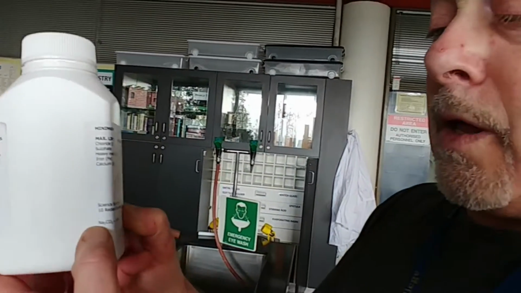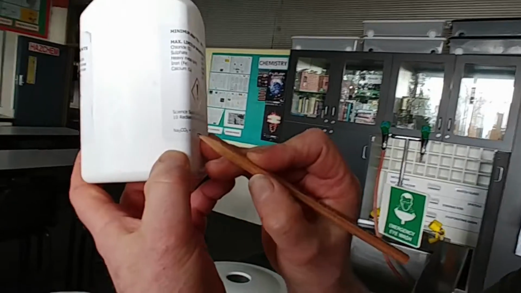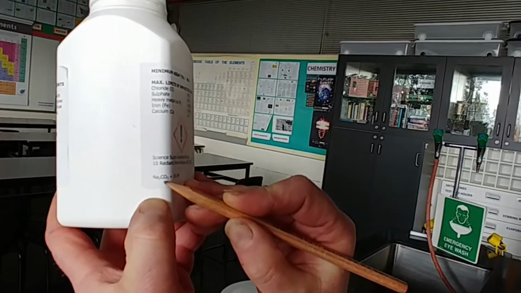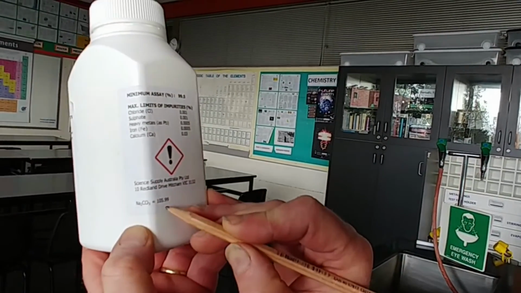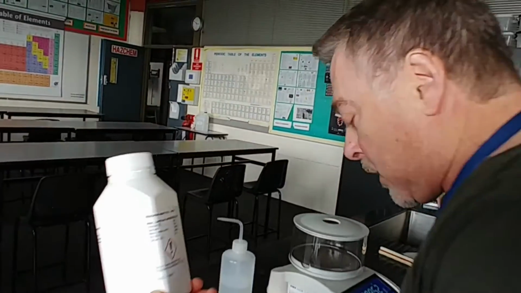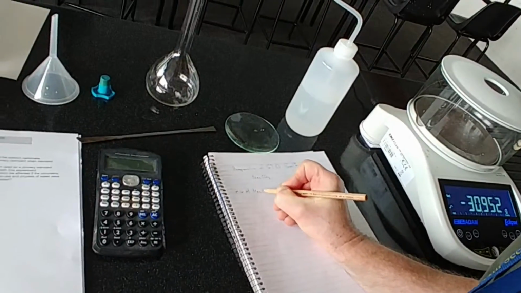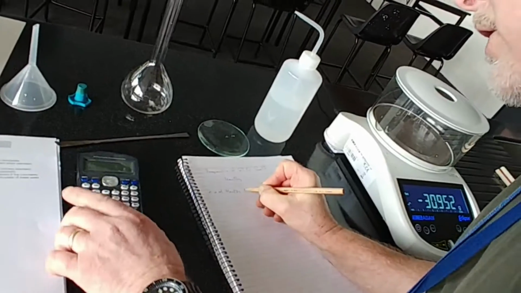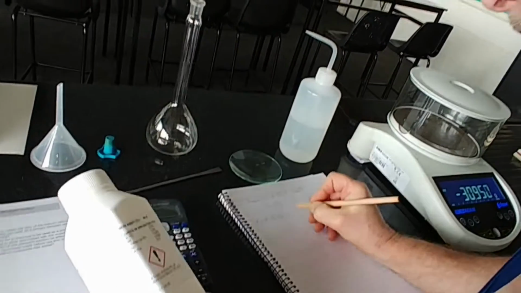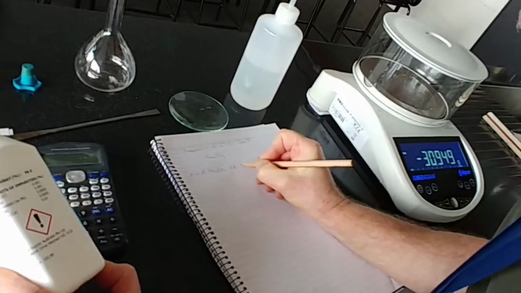And another important thing is that we have the molecular weight here. So sodium carbonate has a molecular weight of 105.99. So the molecular weight of Na2CO3 is 105.99. That's very important.